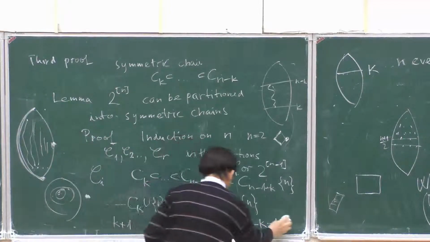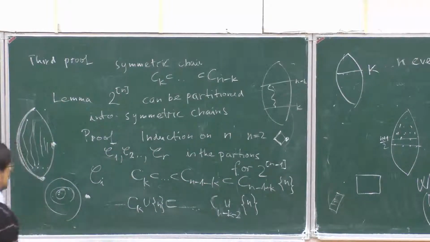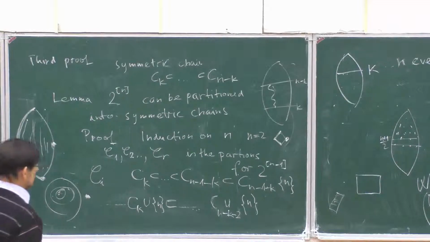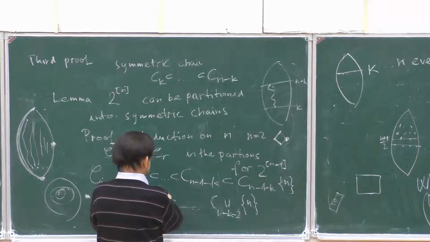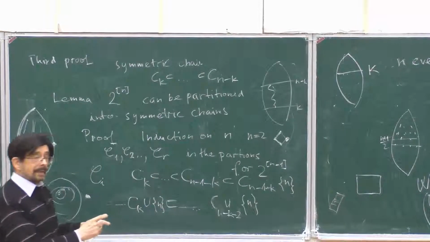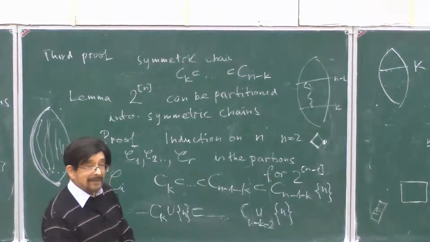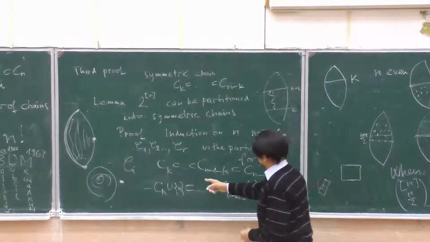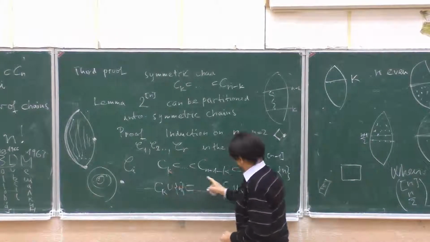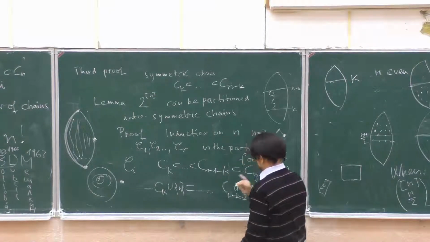But why is this? I check it once more. So it was k for n minus 1. The problem is that I remember everything from n to n plus 1, and now I started from n minus 1 to n, and my memories are confused. So is this okay? So this was a symmetric chain in n minus 1. Yes.